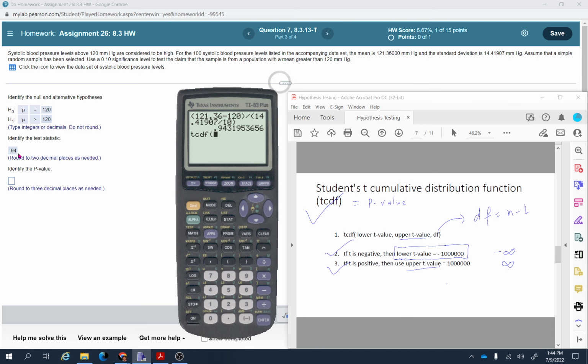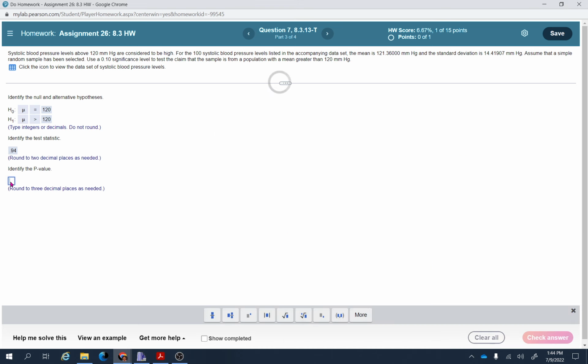The lower t value in this case is 0.94, the upper t value is the 1 million I'm taking. It's not necessarily 1 million, you can choose any huge number. Comma, degrees of freedom in our case is 99. That gives us the p-value, which is 0.1747. If you round it to 3 decimal places, it would be 0.175.